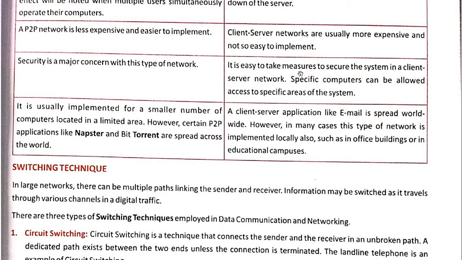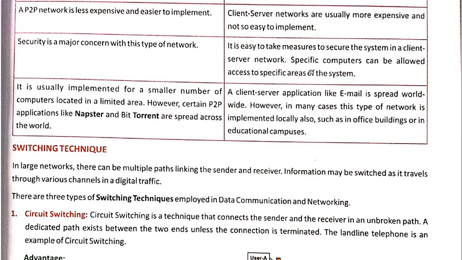It is easy to take measures to secure the system in a client server network. A specific computer can be allowed access to a specific area of the system. So here we can give different permissions, and a virus from the server cannot affect our computer very easily.